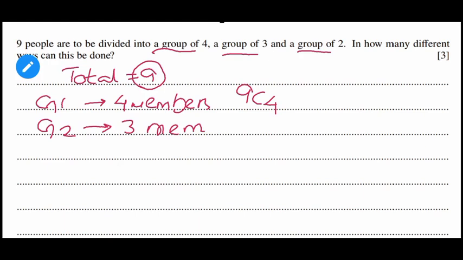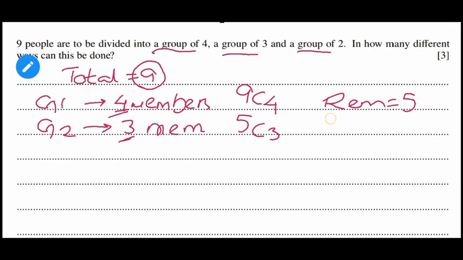No, it is not 9 because already in group 1, 4 members are chosen. So out of 9, 4 members chosen, remaining 5. So from these 5 members, you have to choose 3 in 5C3 ways.